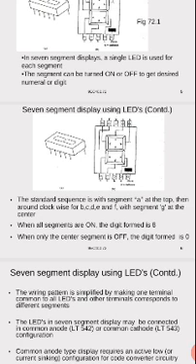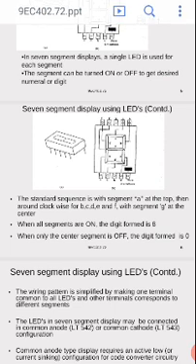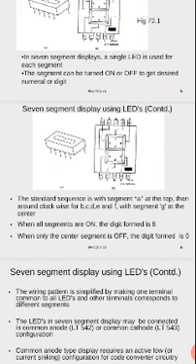The LEDs in 7 segment display may be connected in common anode LT 542 or common cathode LT 543 configuration.